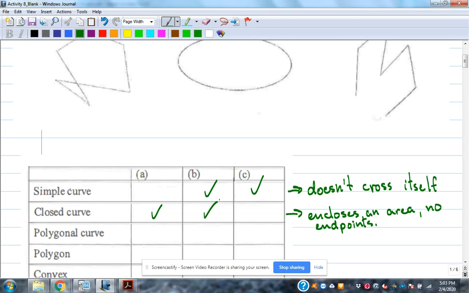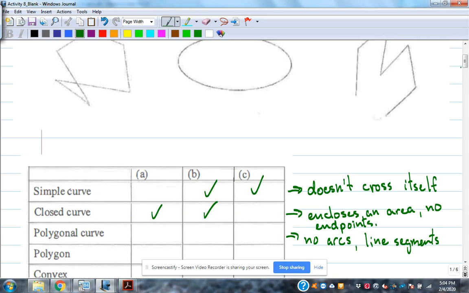And a polygonal curve, it creates a polygon, and a polygon has no arcs, and it's made up of line segments. When I say arcs, I mean a curved line.